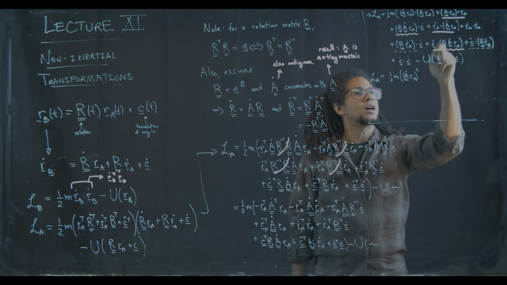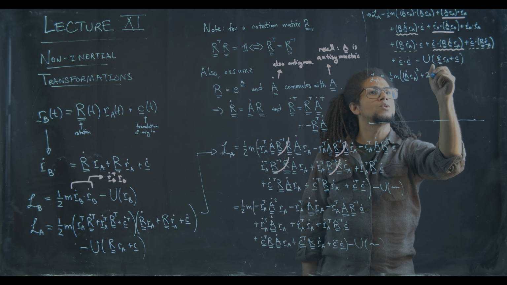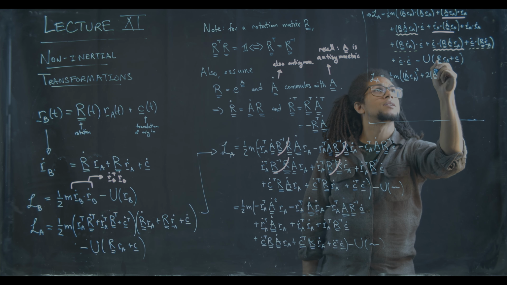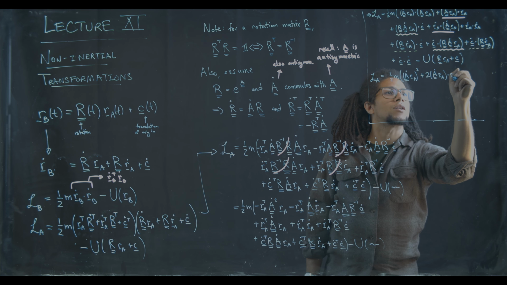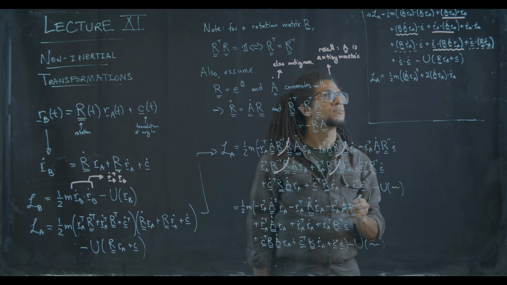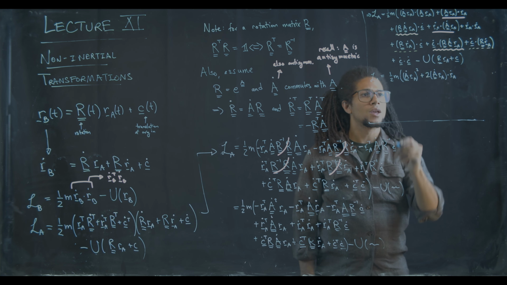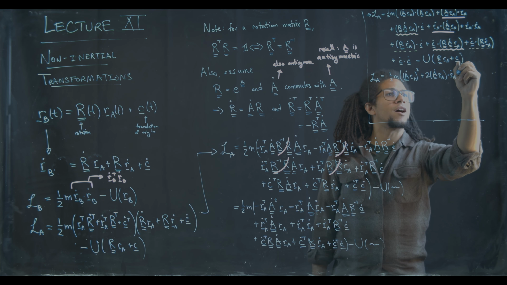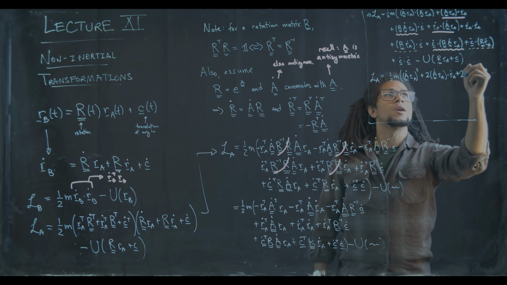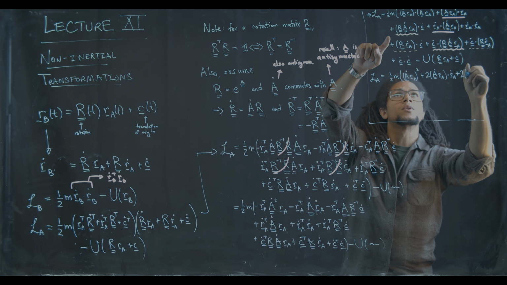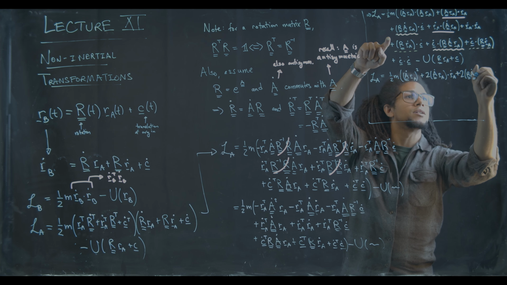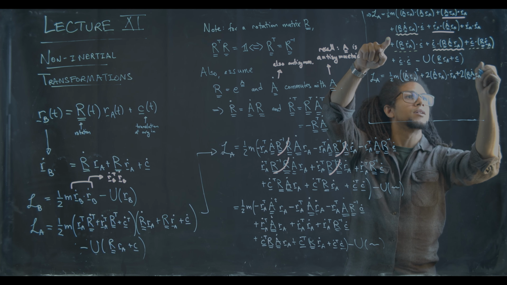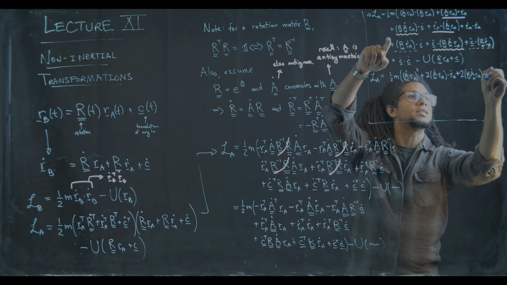Next, I have 2 times this thing. So plus 2 times A dot RA dot RA dot. Good. Now another term where I have 2 copies of the same thing. So 2 RA dot RA dot C dot.